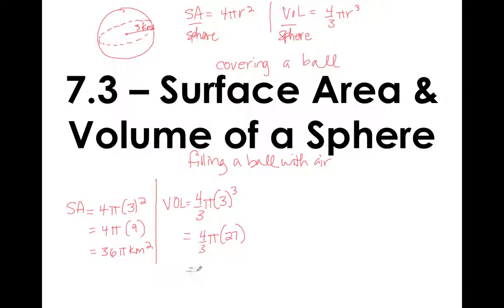If I want an exact answer, it comes out to be 108 over 3 pi, which we know can reduce to 36 pi kilometers cubed, since volume is dealing with cubes.